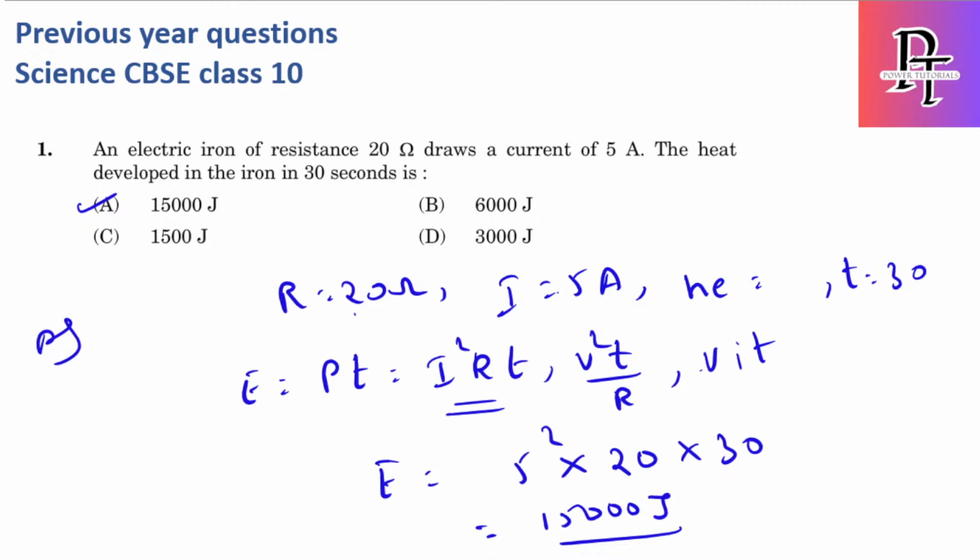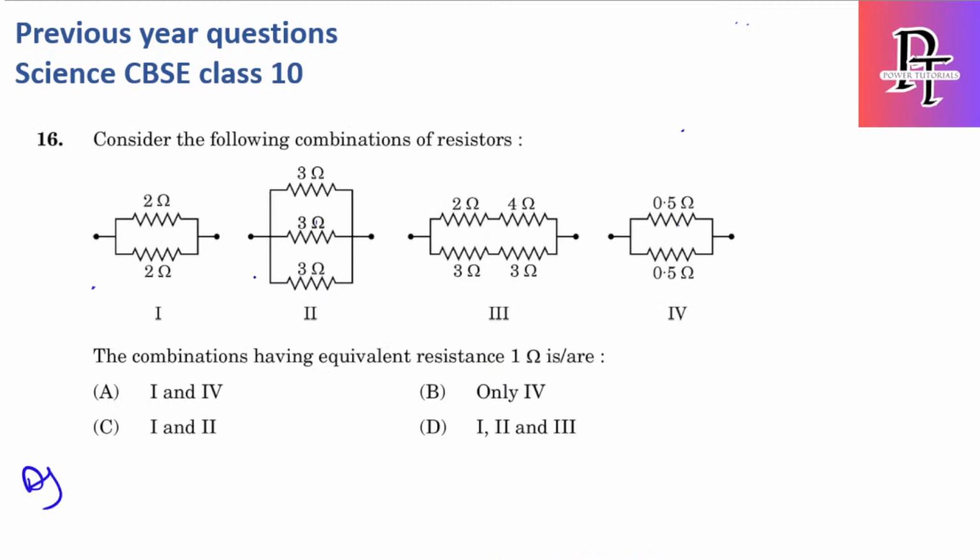Okay, let's move to the next one. We have a total of 4 resistors. They are asking which combination will give you 1 ohm. If any 2 resistors are in parallel and they are equal resistors, like A and A, the effective resistance will be A by 2. If you have 3 or 4, the same way it will be A by 3, A by 4 and so on. So here it is 2 equal resistors, so it will be 2 by 2, which is 1 ohm here.